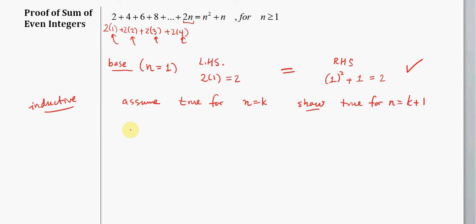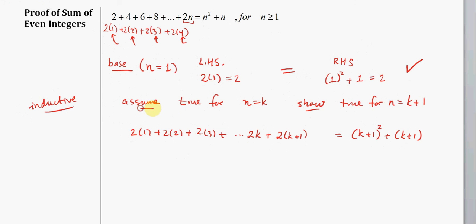And if we're looking at the left-hand side, it's going to be 2 times 1 plus 2 times 2 plus 2 times 3, and so on, all the way up to 2 times k, and then going one more step, 2 times quantity k plus 1. Okay? And we want to show that it is equal to k plus 1 squared plus k plus 1. Okay?